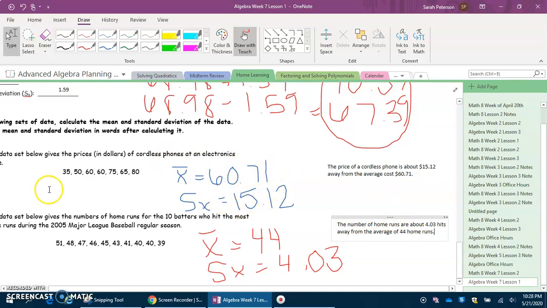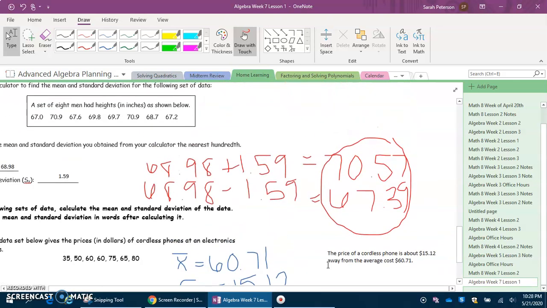There's way more of a range of numbers here. Their numbers are way more spread out. Whereas in the second example, the numbers are way closer together because there's a smaller standard deviation. The standard deviation just tells you where most of your data lies and how far away it is from the average. So those are two examples.